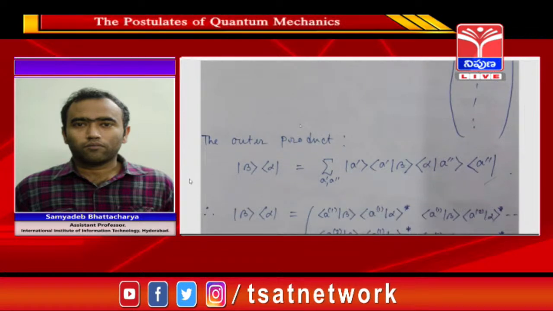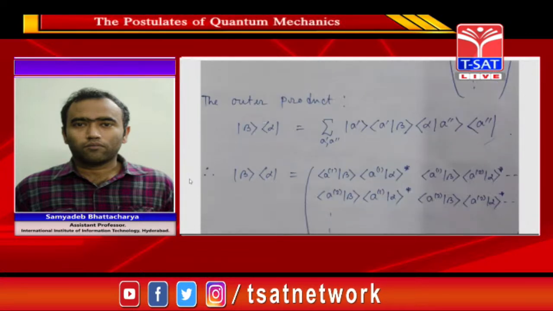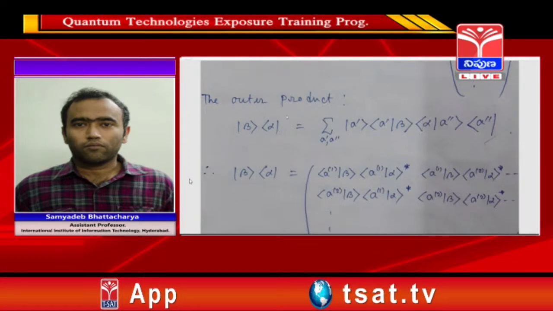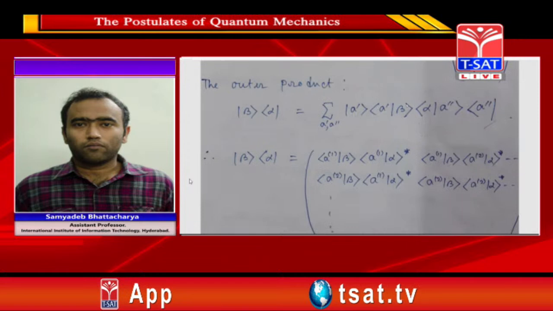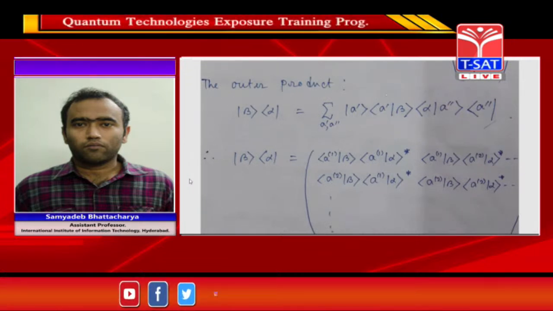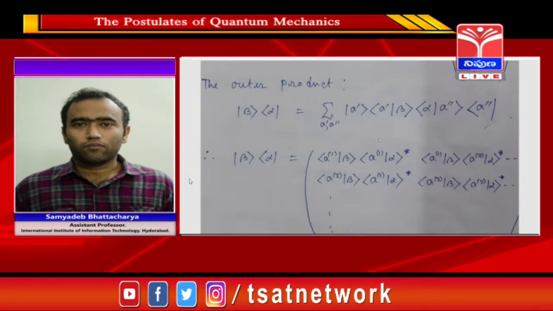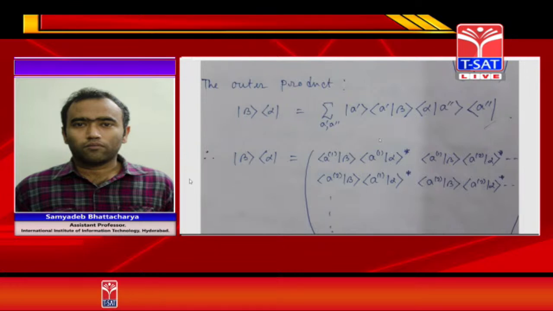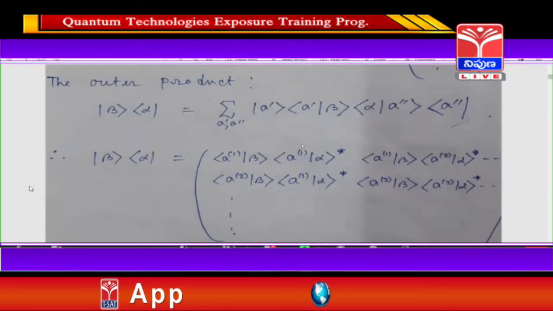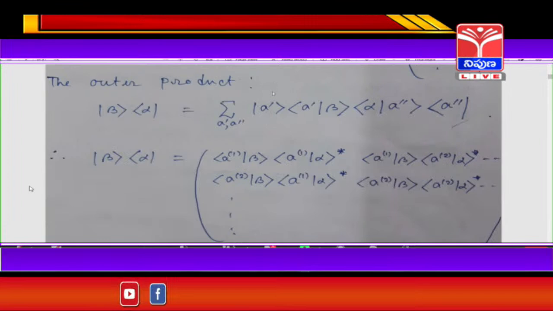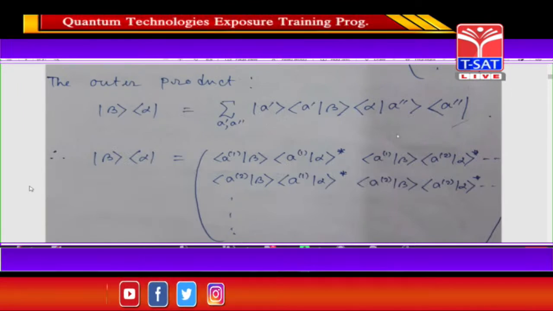And similarly the outer product. Say the outer product beta alpha, which should be a matrix. What is that? Again, we use this completeness condition. You see, this completeness condition is used so many times in our calculation. So it is an extremely useful relation. So you use that on the left side and use that on the right side.